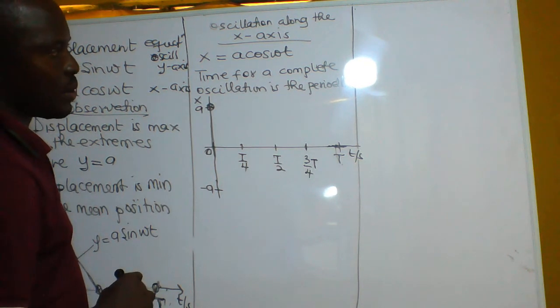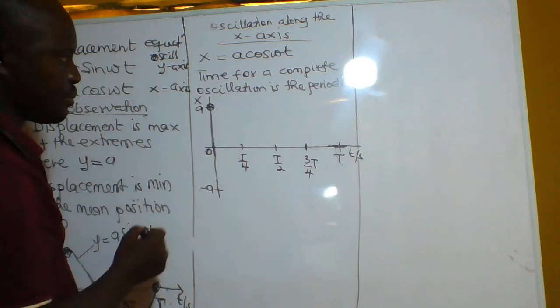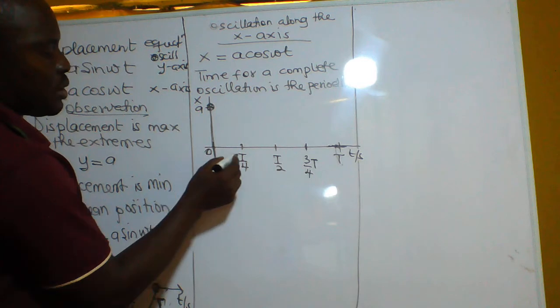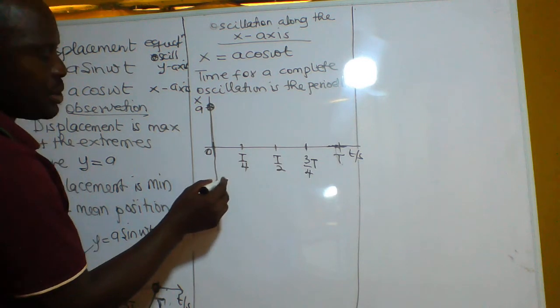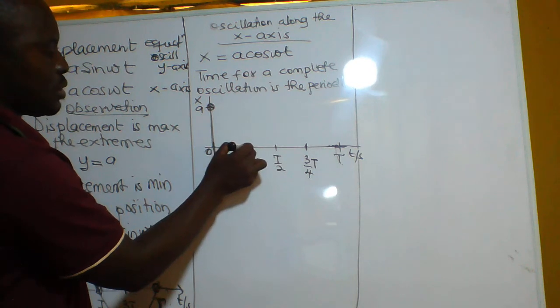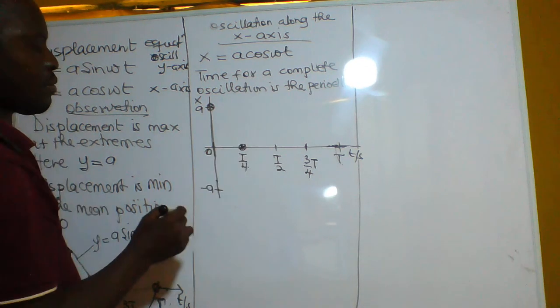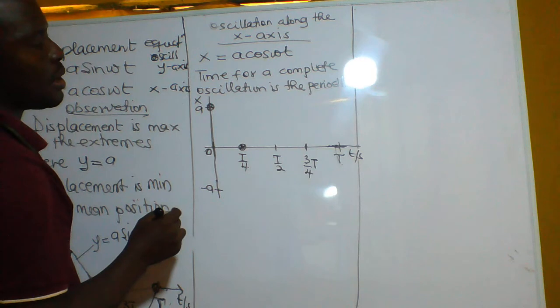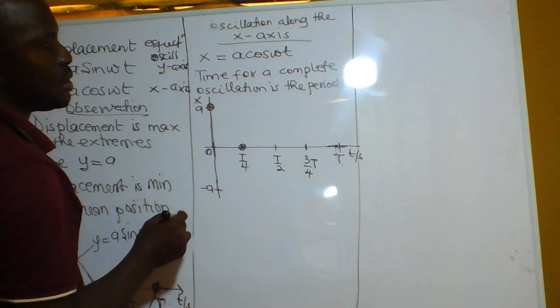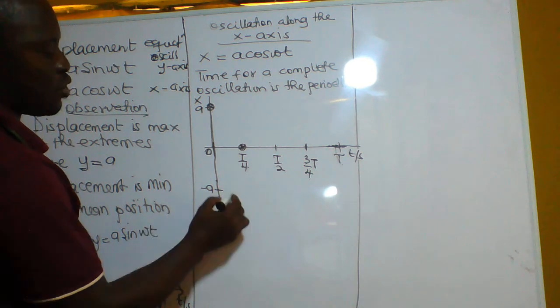Cos 0 is 1, so x will be equal to the amplitude. At a time t is equal to quarter of the period, the displacement x will be equal to 0. At a time t is equal to half of the period, the displacement will be equal to minus A.